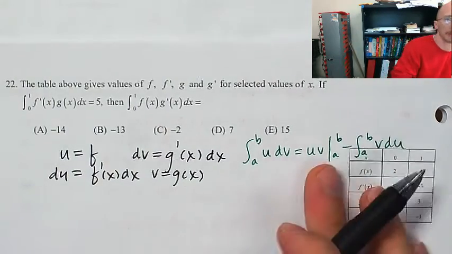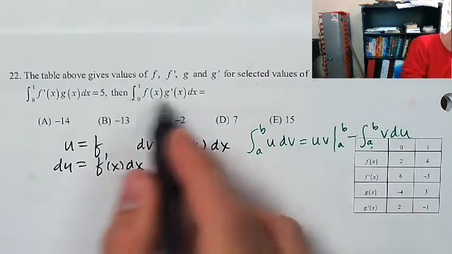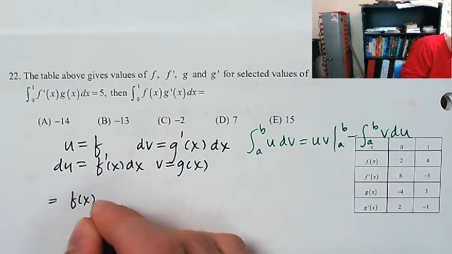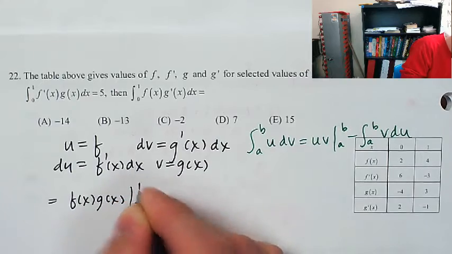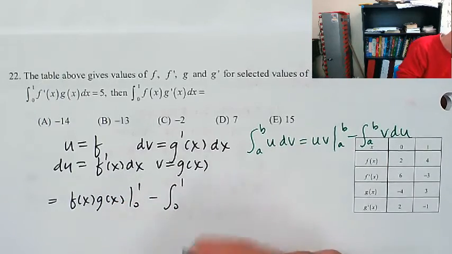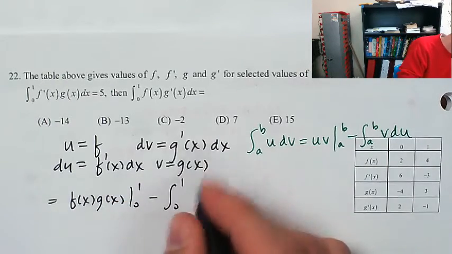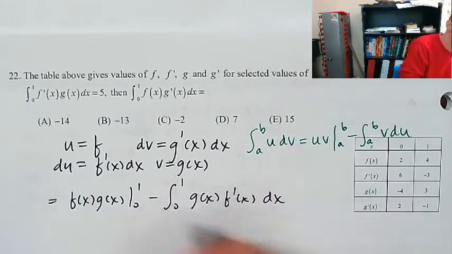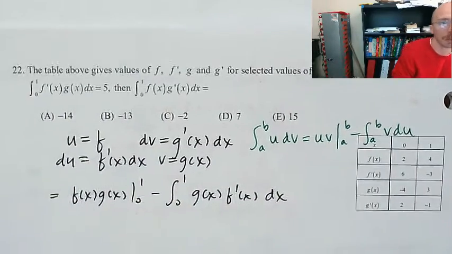So we're going to actually plug in on that, and we're going to say that this integral here is equal to u times v, f of x, g of x, from 0 to 1, minus the integral from 0 to 1 of v du. Yes, g of x, f prime of x, dx. We know that's 5, okay, from the statement of the question.